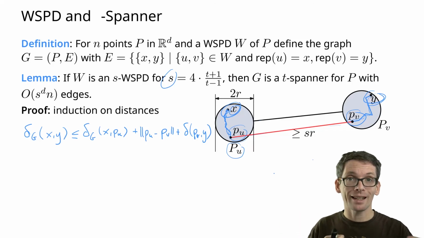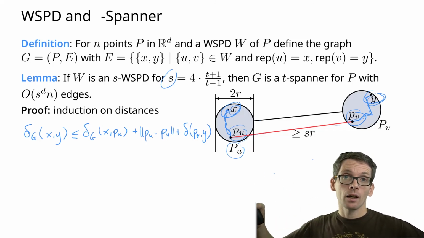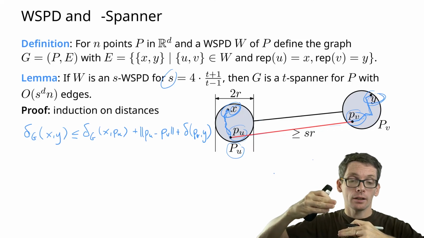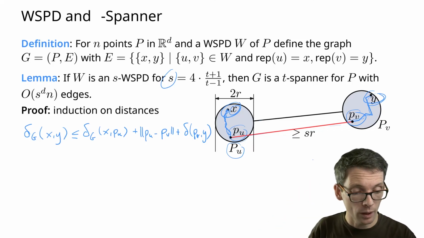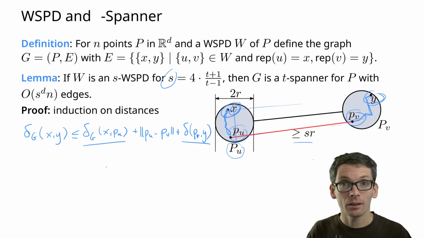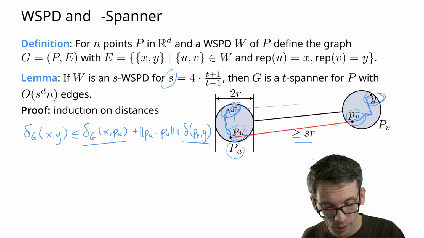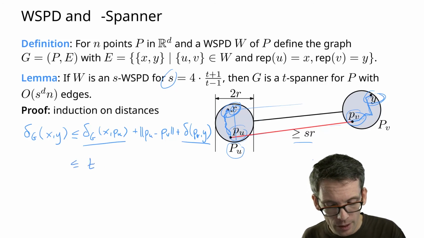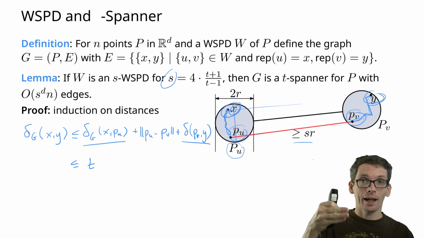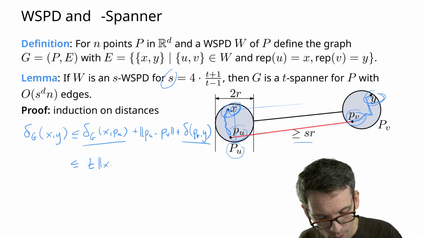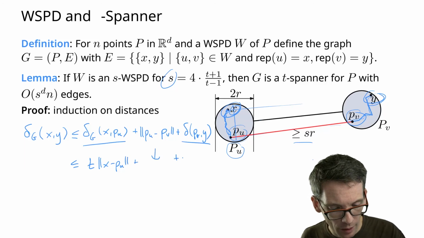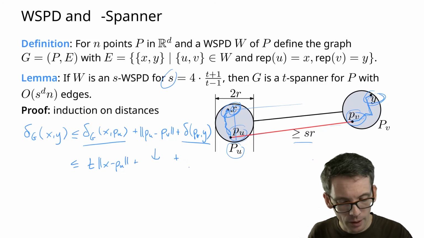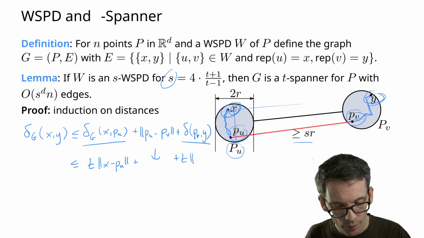So if 2 is smaller than s, the distance between the disks is larger than the distance inside the disks, meaning the distances inside the disks are in particular smaller than the distance between x and y, which has to be at least s times r. Applying the induction hypothesis gives me that this is bounded by t times the Euclidean distance between x and p_u. Then I have this term here again, and then here I have the Euclidean distance between y and p_v.